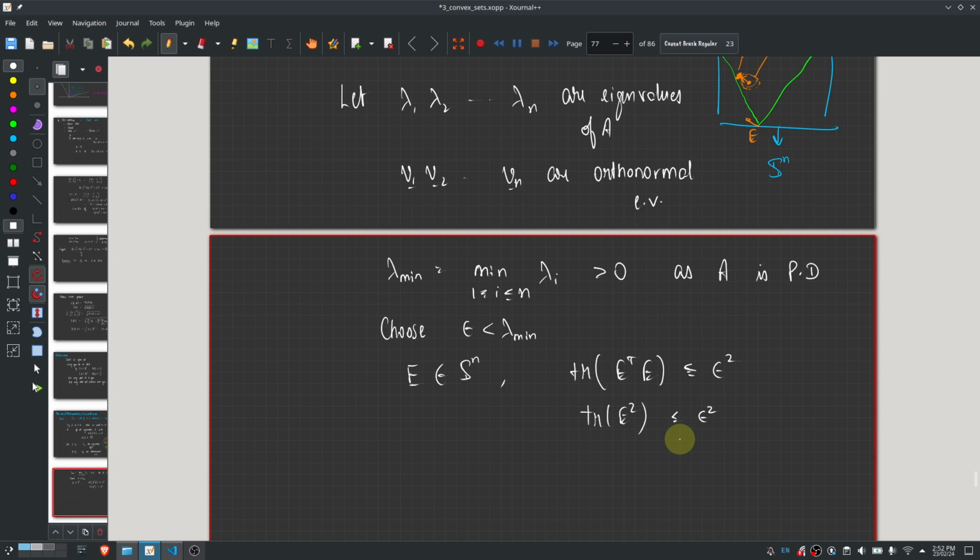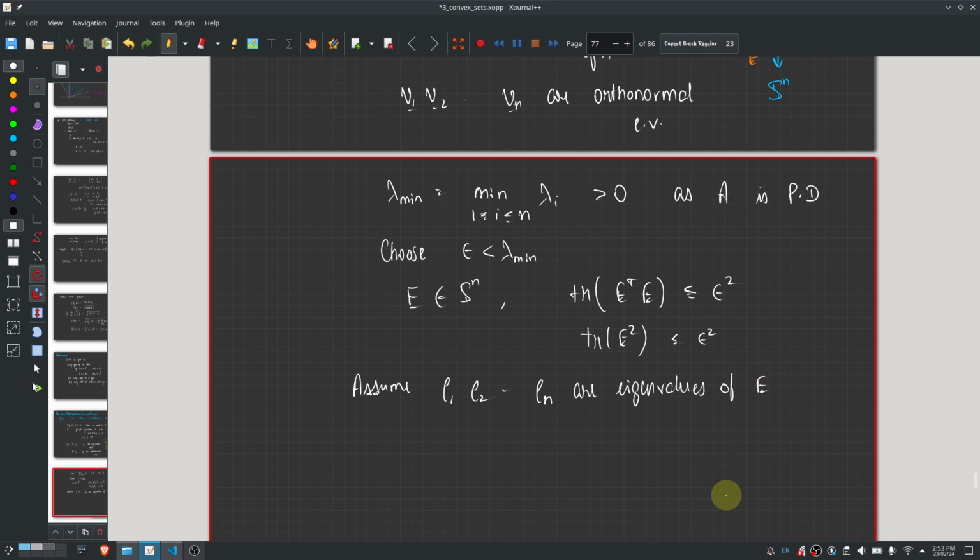So let's assume that rho 1, rho 2 up to rho n are the eigenvalues of the matrix E. What are the eigenvalues of E square? Yeah, it will be rho 1 square, rho 2 square, rho 3 square up to rho n square.